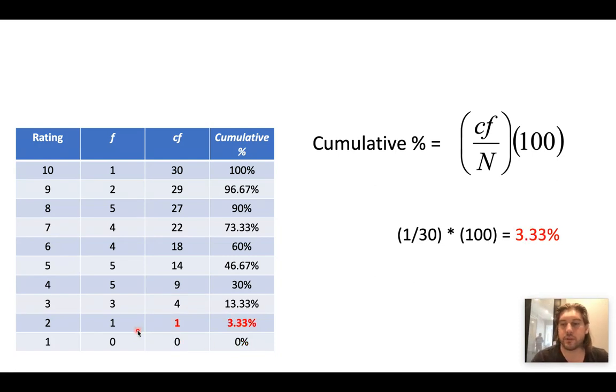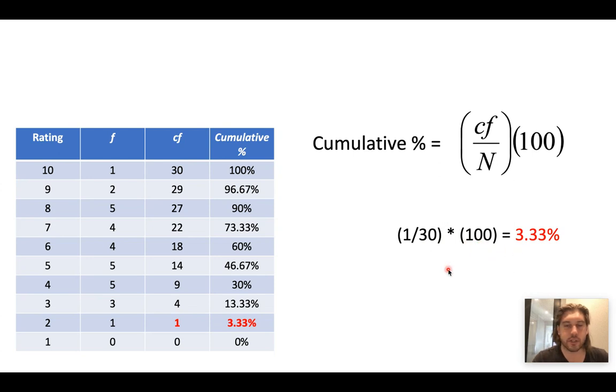We move up to the next row. We want to know what percentage of participants score a 2 or below. Well, there's only one participant that scores a 2 or below, right? We get that from our cumulative frequency column. There's only one score of 2 or below. So 1 divided by the total number of scores, which is 30, times 100, move the decimal point twice.